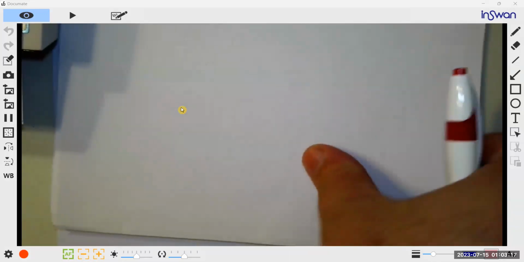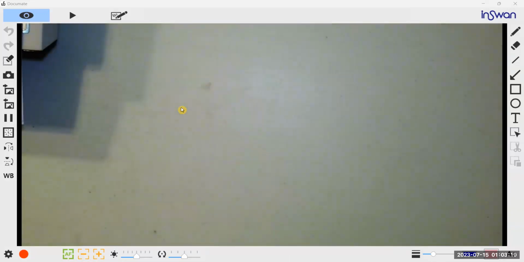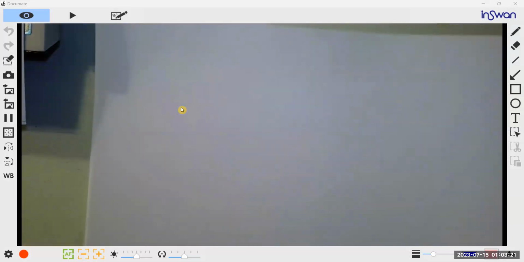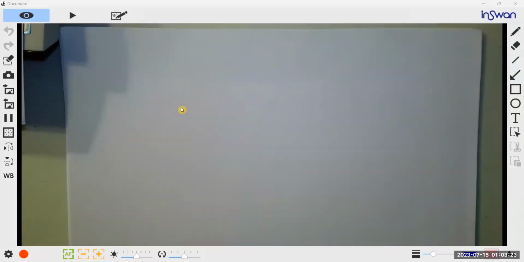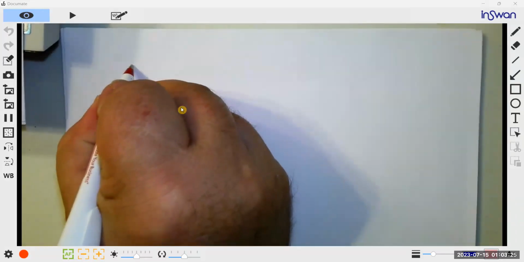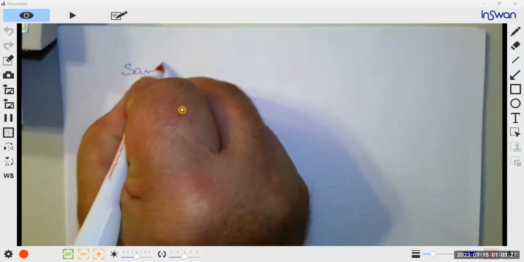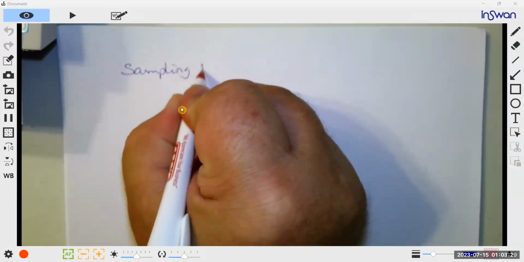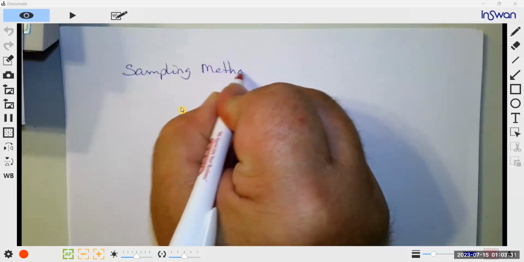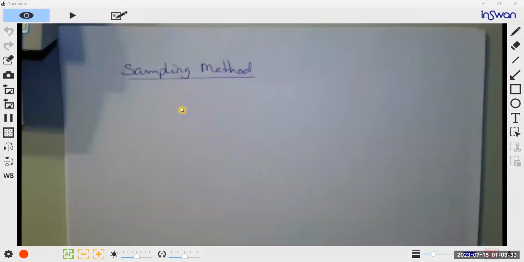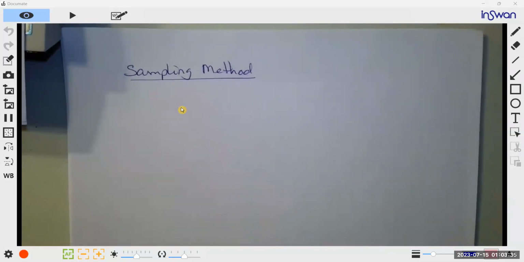Now, since we have our research question, our hypothesis, we have our data, it's valid. What we have to look at here is to discuss how the data is gathered.